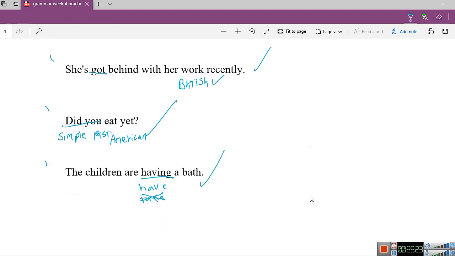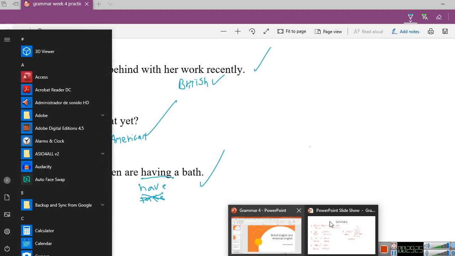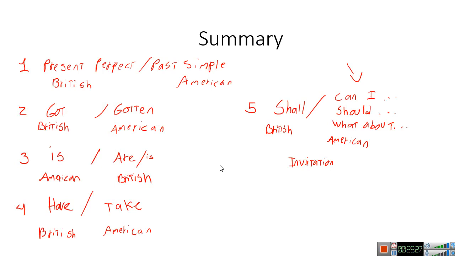So, that is the last exercise. Let's look at the summary once again. Some of the grammatical differences between British English and American English are: number 1, present perfect and past simple. We also have got or gotten. Number 3 is "are" or "is" with collective nouns.